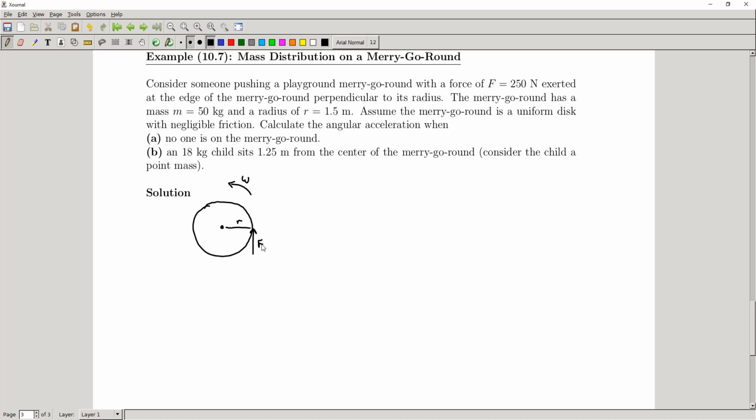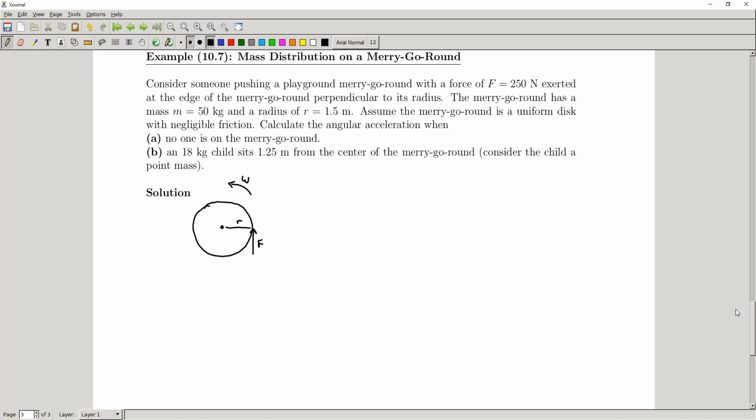This is our F. Maybe I'll try to remember to talk about what if this F wasn't exactly perpendicular to the radius, and how we would approach a problem like that. But for now, let's take a look at this force being perpendicular, and let's get started here.